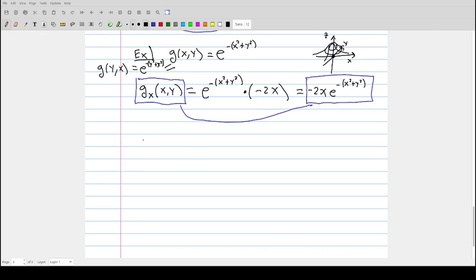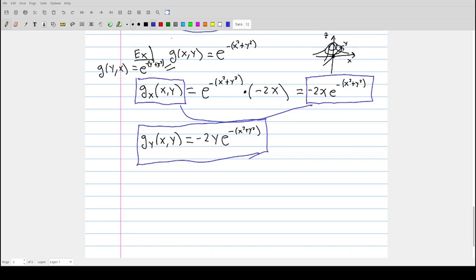What that means is that when you calculate the y partial derivative of this function, it is going to be the same as the x partial derivative, but with x and y swapped. So this is going to be equal to negative 2y e to the negative x squared plus y squared. You'll see that I didn't even have to go through and do any calculations for this y partial derivative.